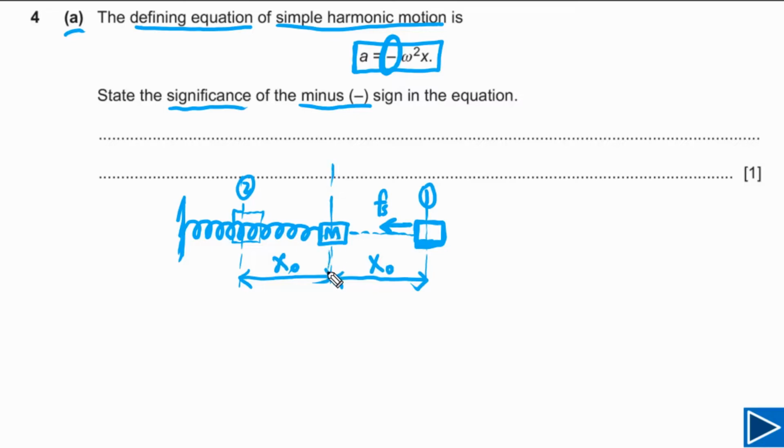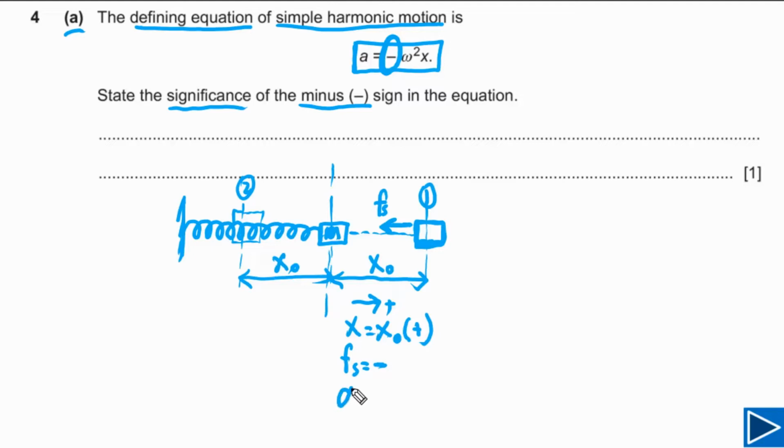Now imagine that at this point this is our origin, so x here is equal to 0, and to the right we take as positive. So if it is here, the displacement of this mass is x naught. This is equal to amplitude, and if we take to the right positive, it means the displacement is positive, but the force is acting to the left, so Fs is acting to the left, so we can say the force is negative.